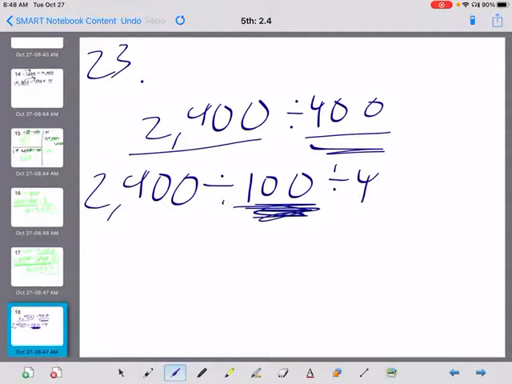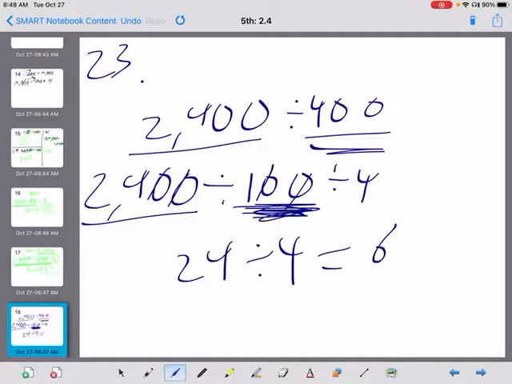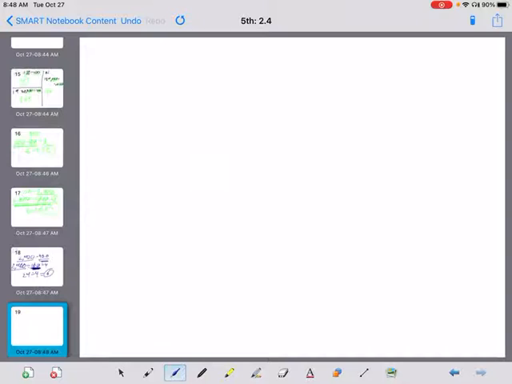That's going to make it easier than if I put the 4 first and then do the 100. So 2,400 divided by 100, well, those zeros cancel each other out. I've only got 24 left. 24 divided by 4, what's my answer? Yes, 6 it is. All right, and then the next guided practice, we're going to do 25, 27, 29. 25 is 800 divided by 200.